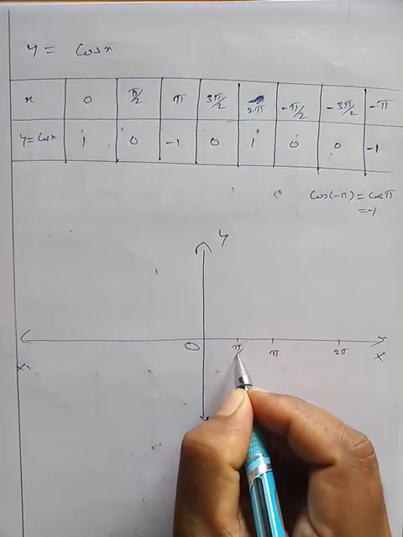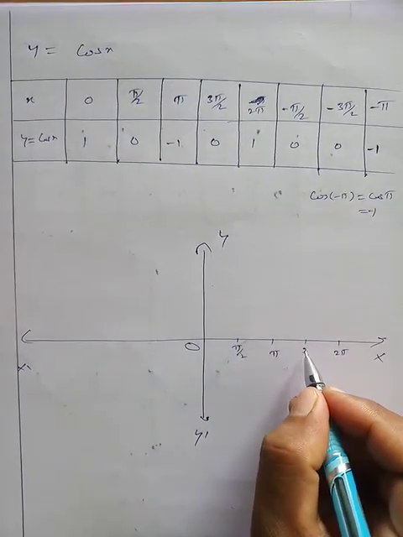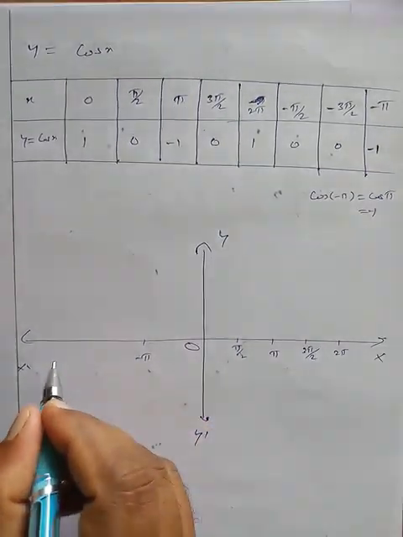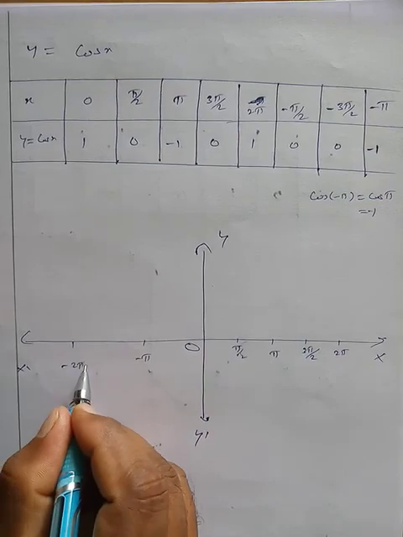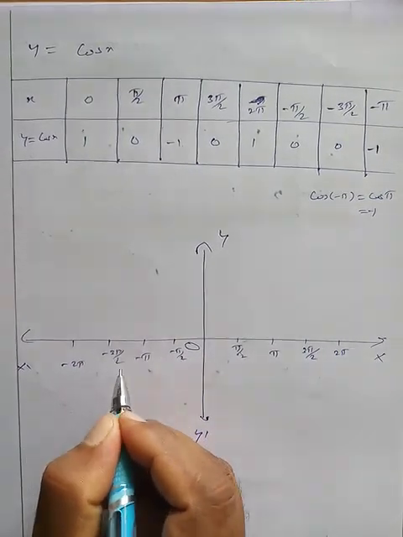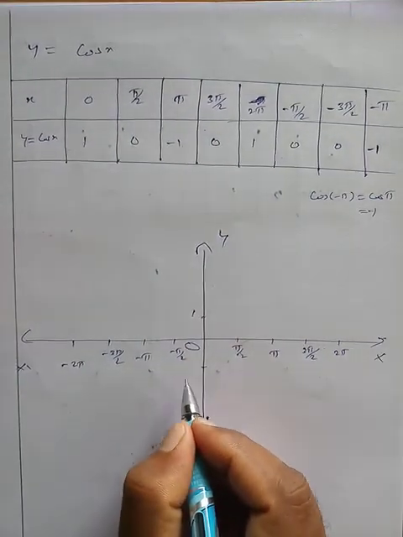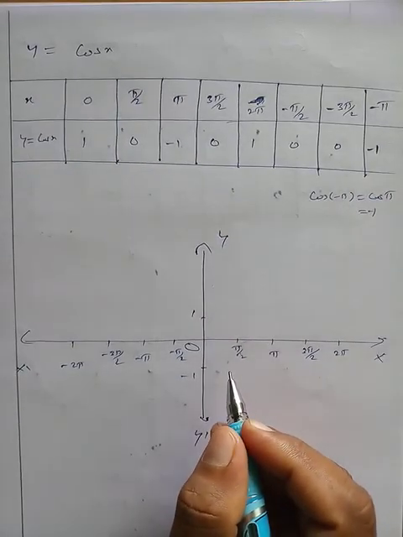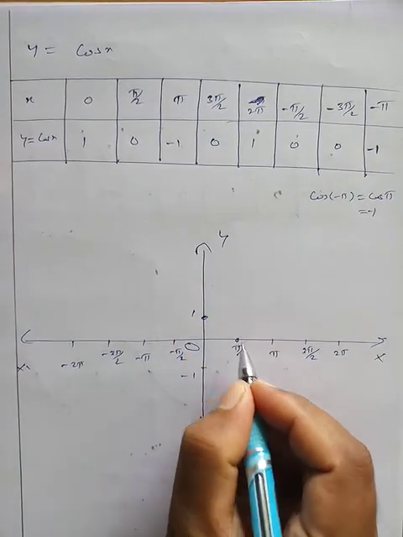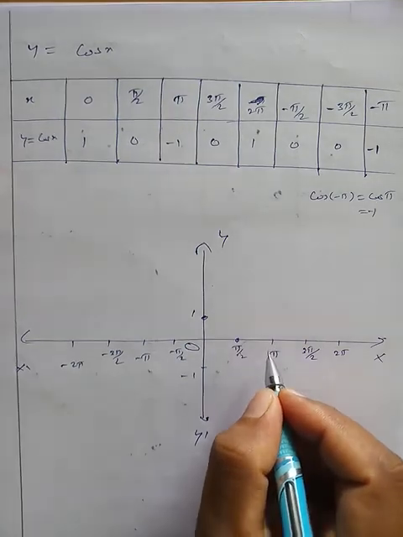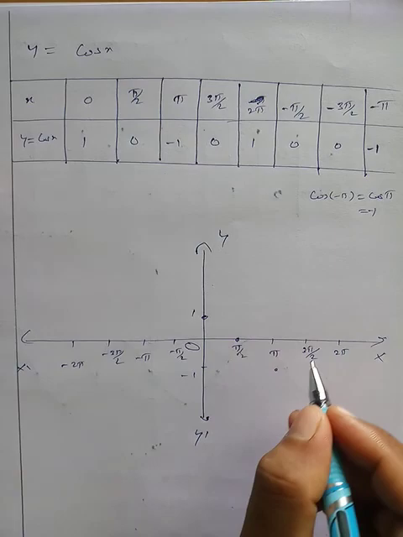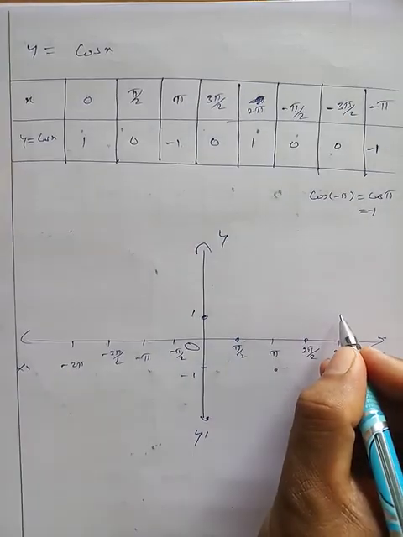Here pi by 2, 3 pi by 2, minus pi, minus 2 pi, minus 5 pi by 2, minus 3 pi by 2, 1, minus 1. Now first point: for 0, 1; pi by 2, 0; pi, minus 1; 3 pi by 2, 0; 2 pi, 1.